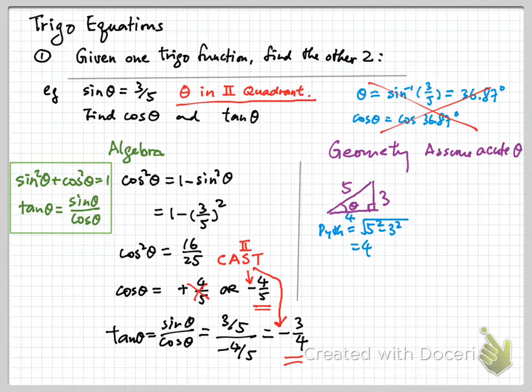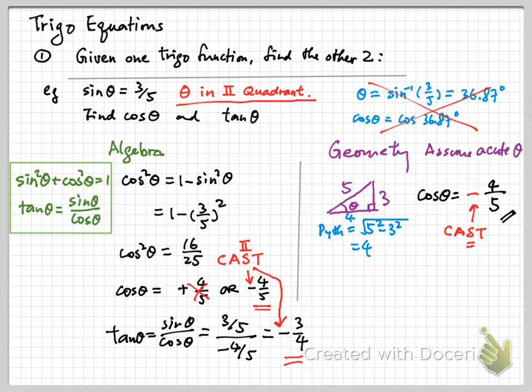Now we can use this right angle triangle to do cosine. Alright, cosine theta will be 4/5, right, the adjacent side divided by the hypotenuse. But once again, we can use CAST to decide. It is a second quadrant angle, so cosine theta should be negative in the second quadrant. Alright, so using CAST, we decided that cosine theta shall be the negative of 4/5.